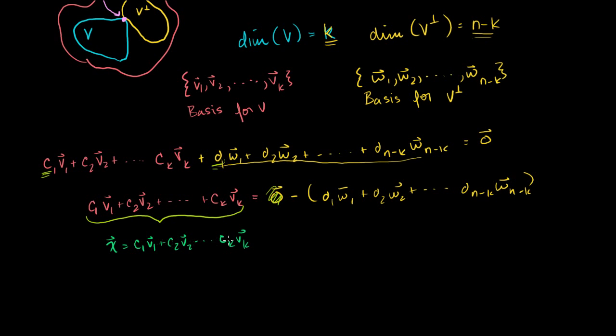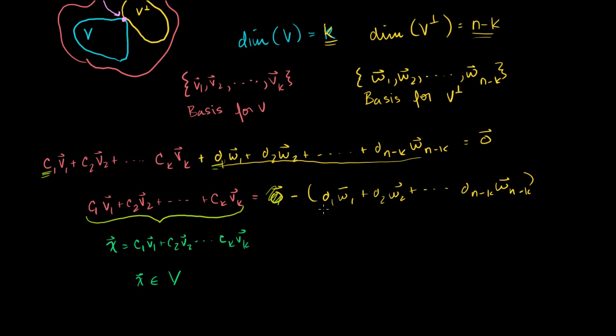We know that it's a linear combination of our basis vectors of v. So x is a member of v. By definition, any linear combination of the basis vectors for a subspace is going to be a member of that subspace.